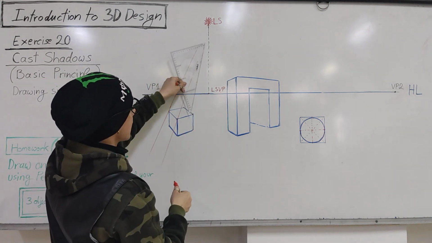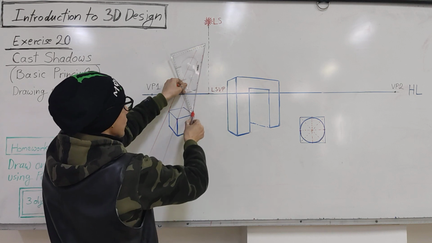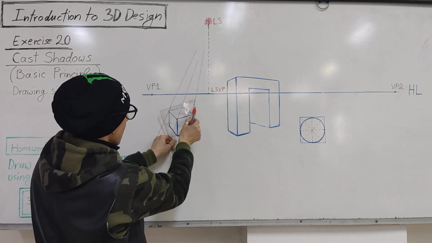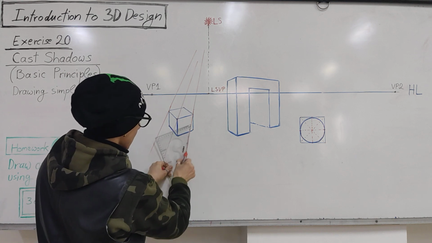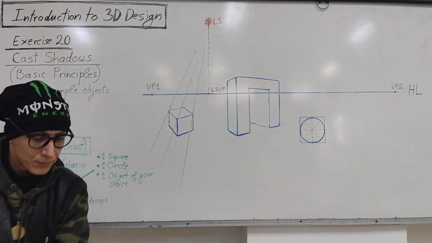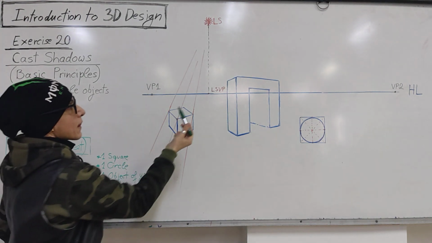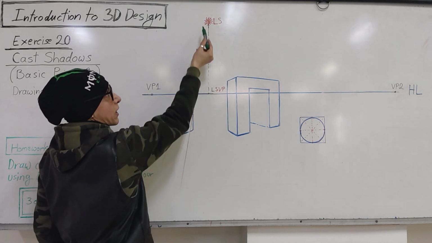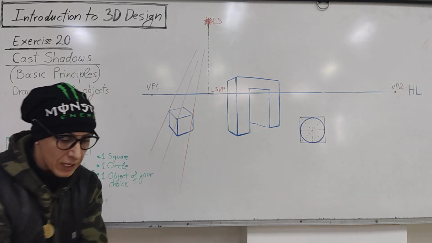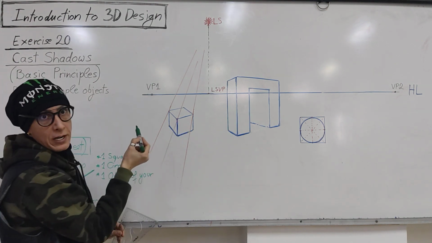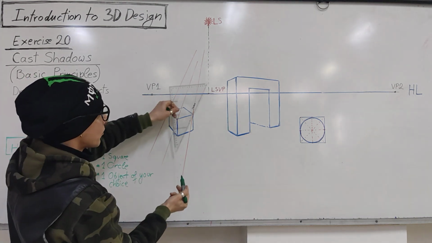Now, I'm just drawing the lines passing through the upper points and the light source. Okay. Now, through this point, the light source vanishing point, which is when you put a straight line down touching the horizon line, we will draw again three lines passing through these three lower points, the ones on the ground.